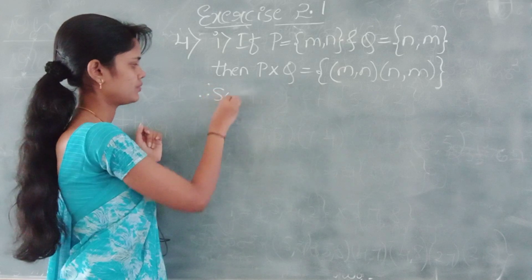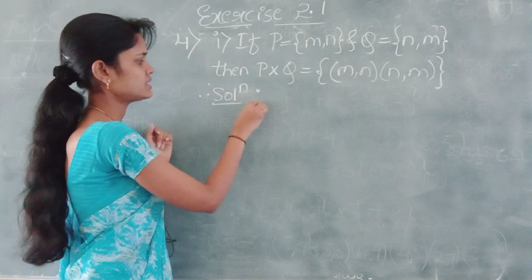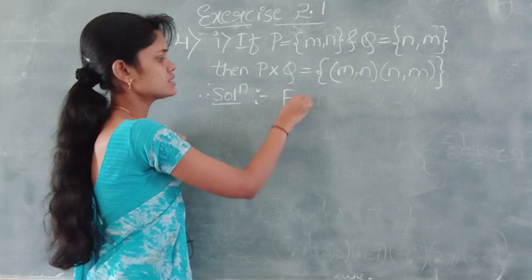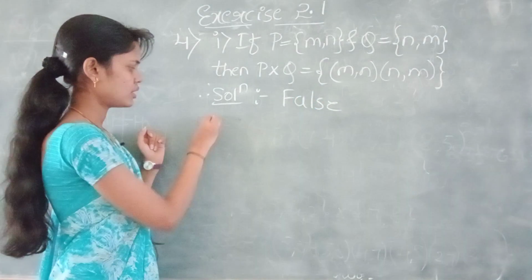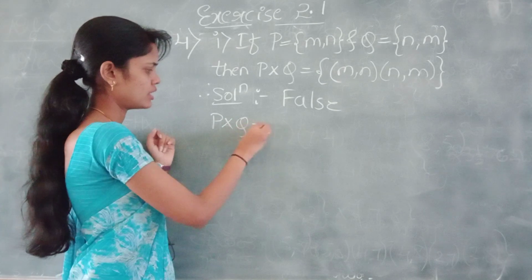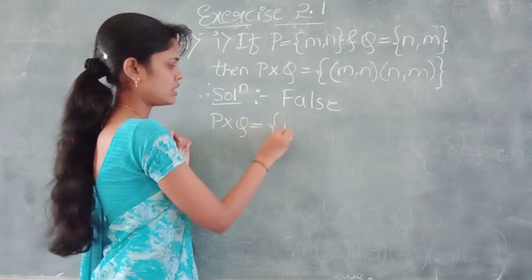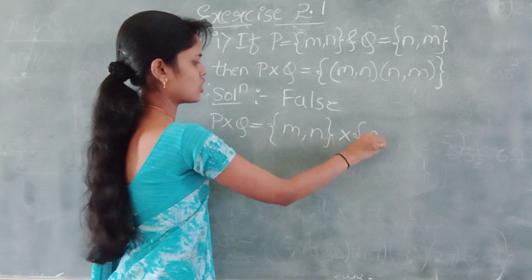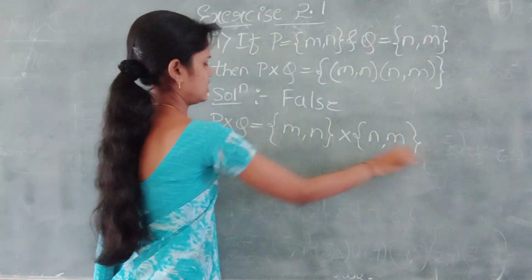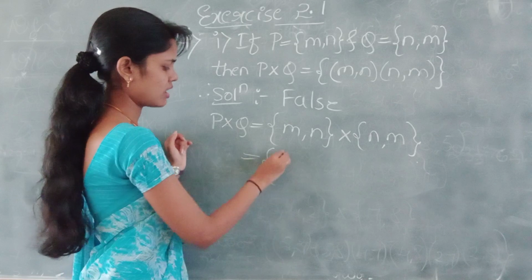Solution: the given statement is false and the correct answer will be what? P cross Q is equals to M comma N cross N comma M. Therefore how do we write the ordered pairs?